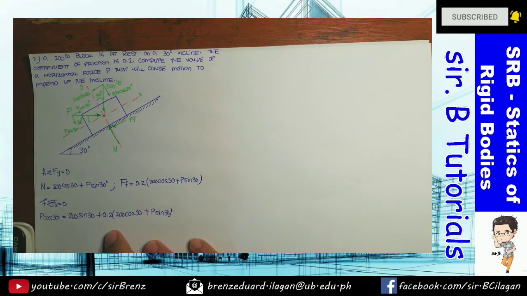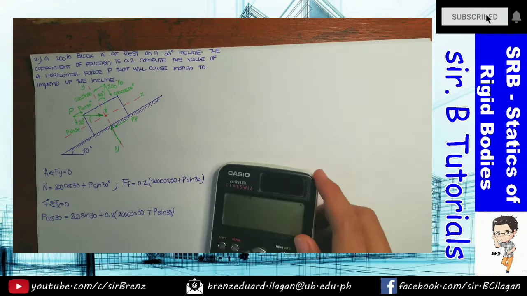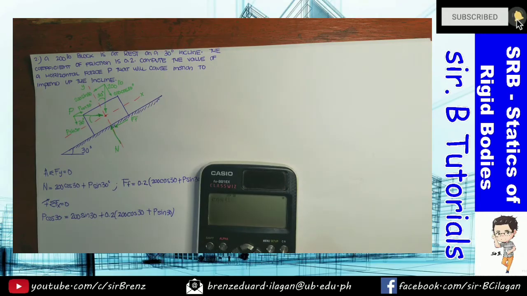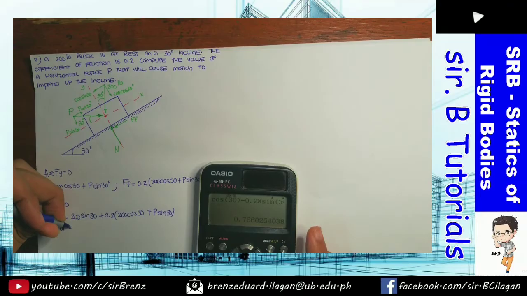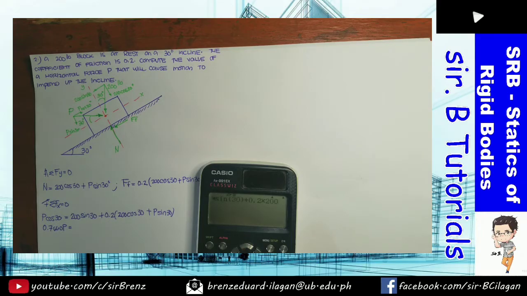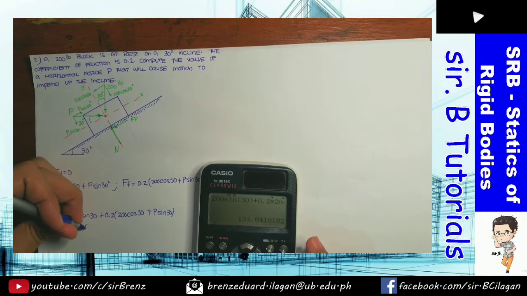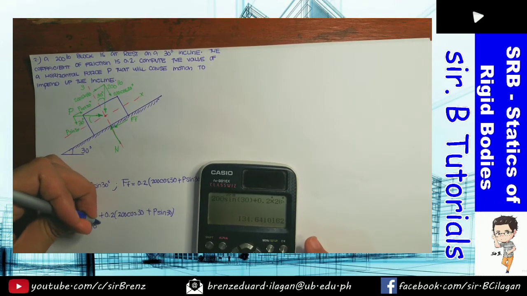Let's simplify this. P cosine 30, and then transposing to the other side, negative 0.2 times sine 30, so I subtract that. You get 0.7660 P equals 200 sine 30 plus 0.2 times 200 cosine 30, which is 134.6410 pounds.